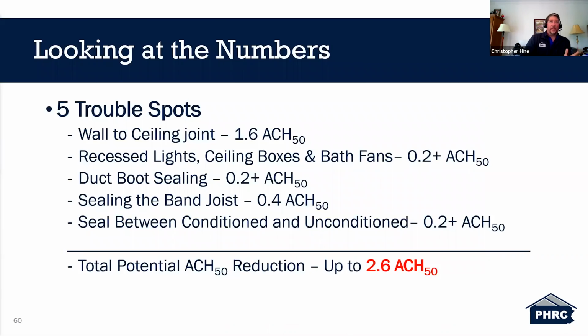So looking at the numbers, just looking at these 5 trouble spots and your potential reduction in air exchanges per hour, adding them up. Our wall to ceiling joint has the potential savings of 1.6. Taking a really good look and making sure that those trim pieces are sealed to the drywall and that we're foaming around any light box or bath fan has the potential of around 0.2 ACH50.